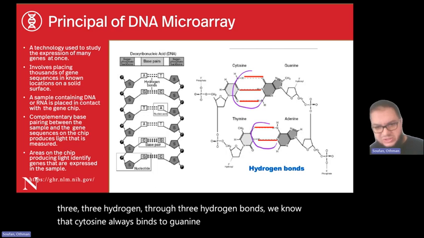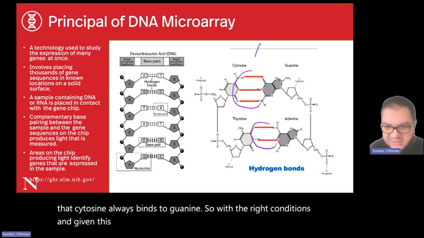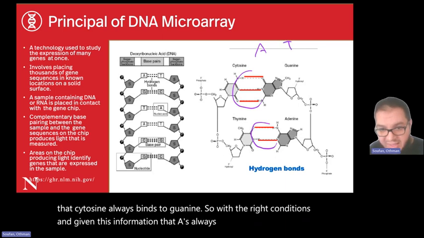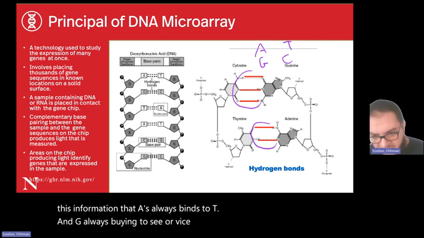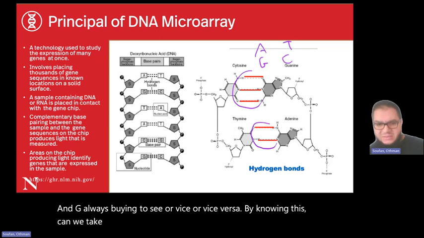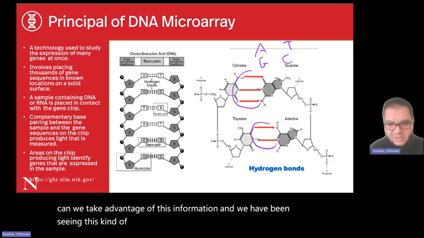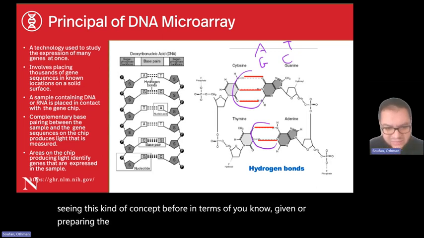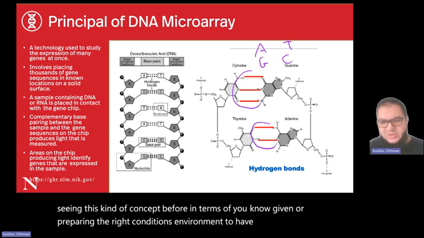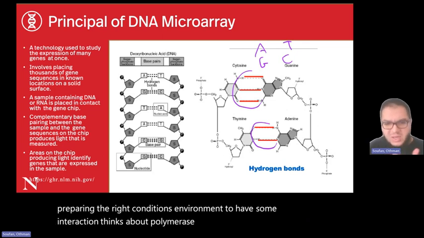So with the right conditions, and given this information that A always binds to T and G always binds to C, or vice versa, by knowing this, can we take advantage of this information? We have been seeing this kind of concept before, in terms of preparing the right conditions and environment to have some interaction. Things like polymerase chain reaction, DNA replication, and so on, all of these ideas.